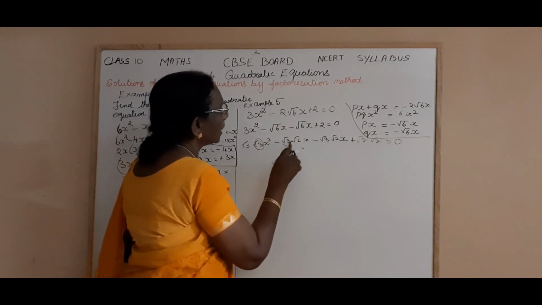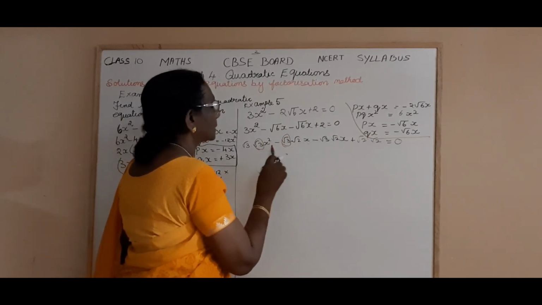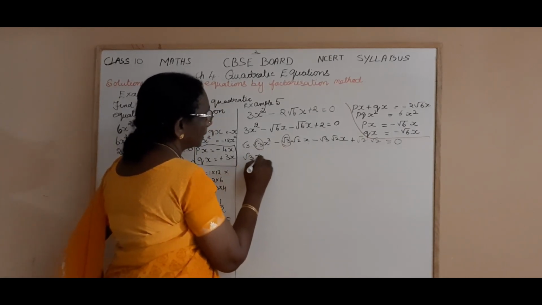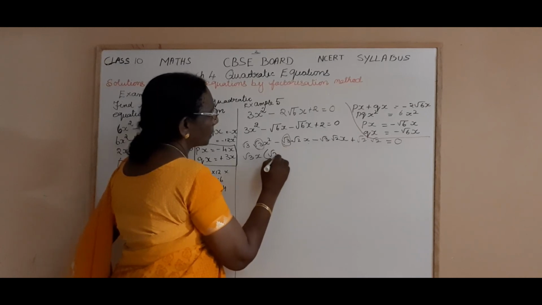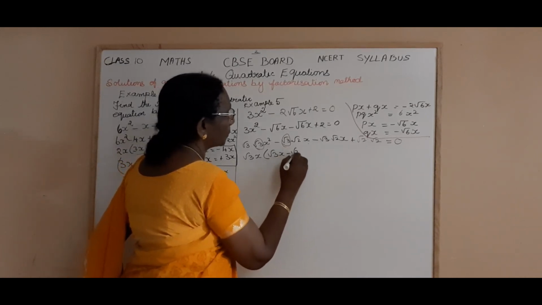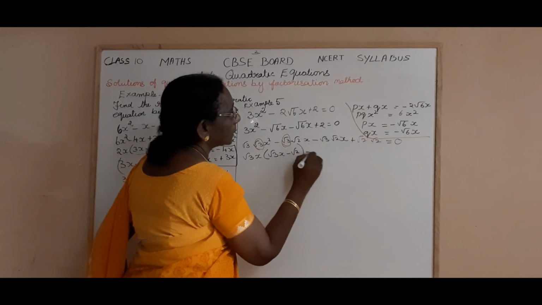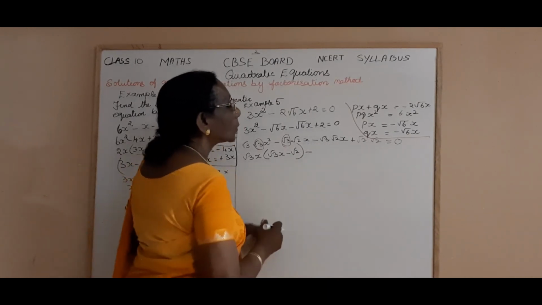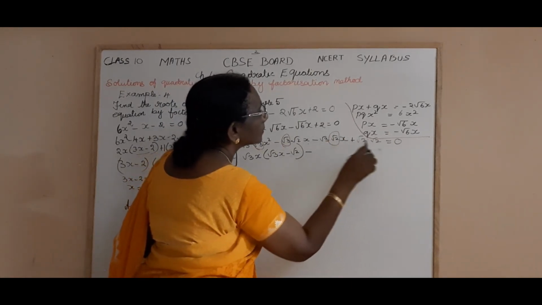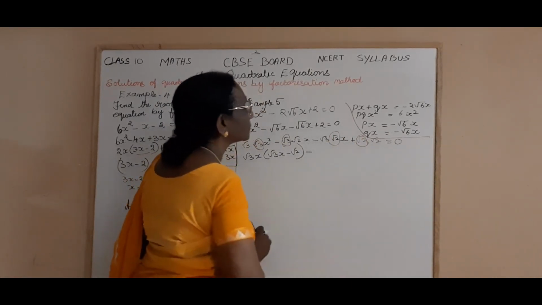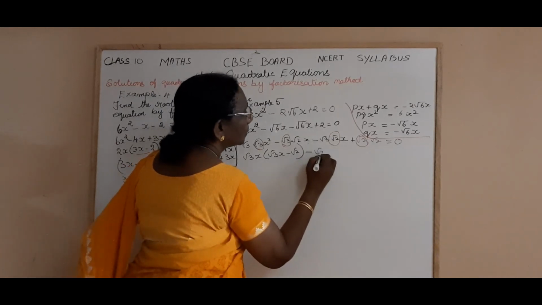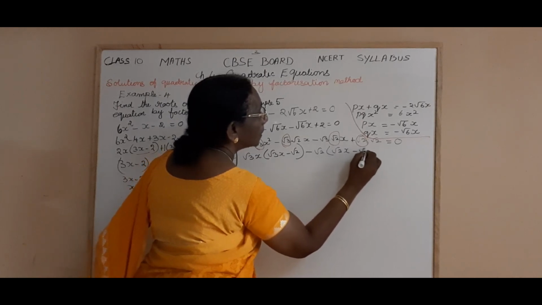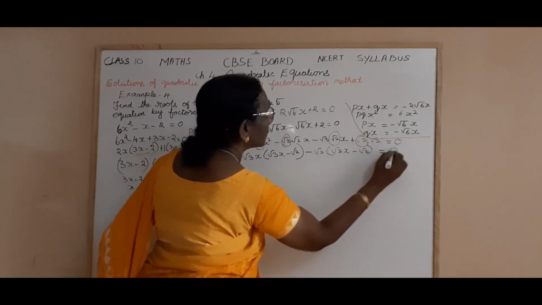This root 3 and x are common. So, what will be the common? Root 3x into what is left? Root 3x minus root 2. Here you write minus sign. You are going to take minus. What is common here? Root 2 and root 2. So, minus root 2 into root 3x minus root 2 is equal to 0.